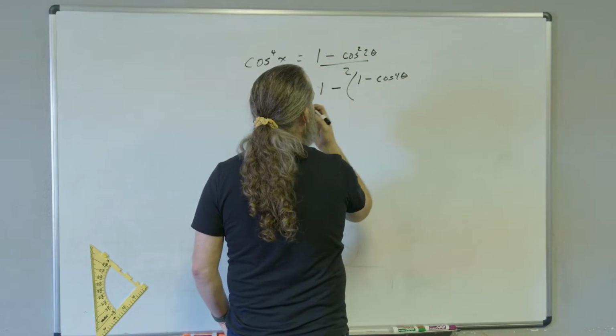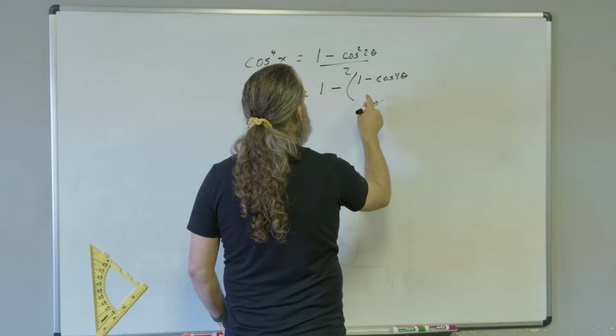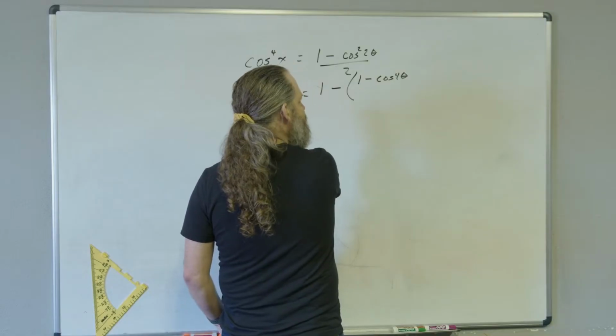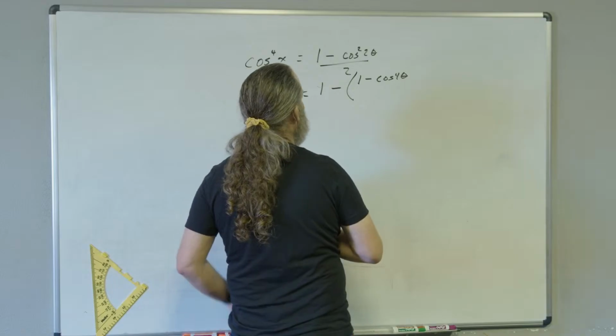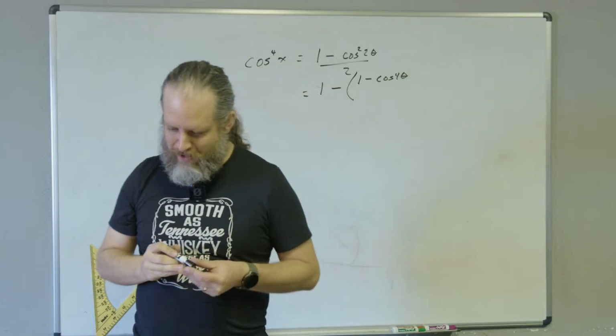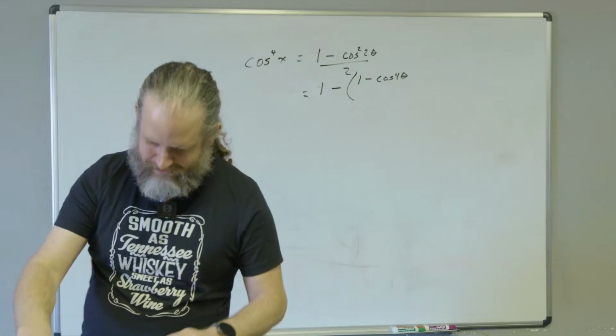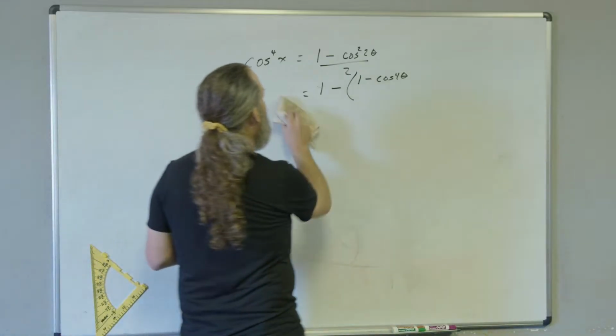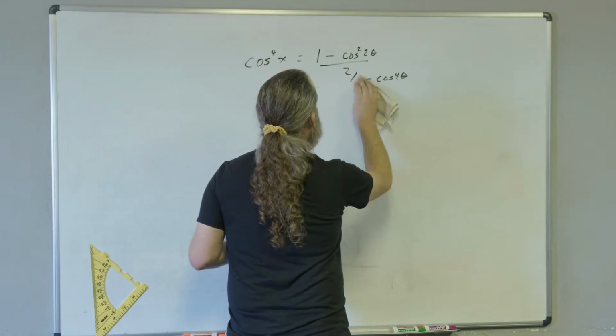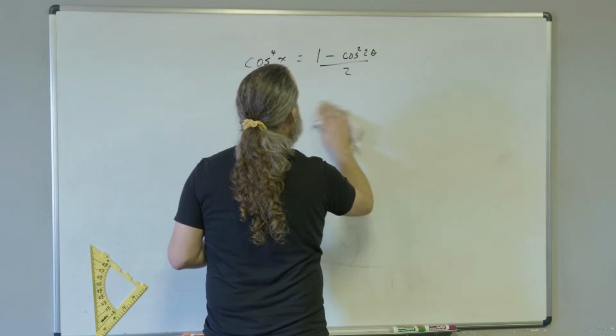Did I make a mistake already? There's something I did wrong. There should still be a cosine 2 theta in there. Hold on, let me pause. What have I done?